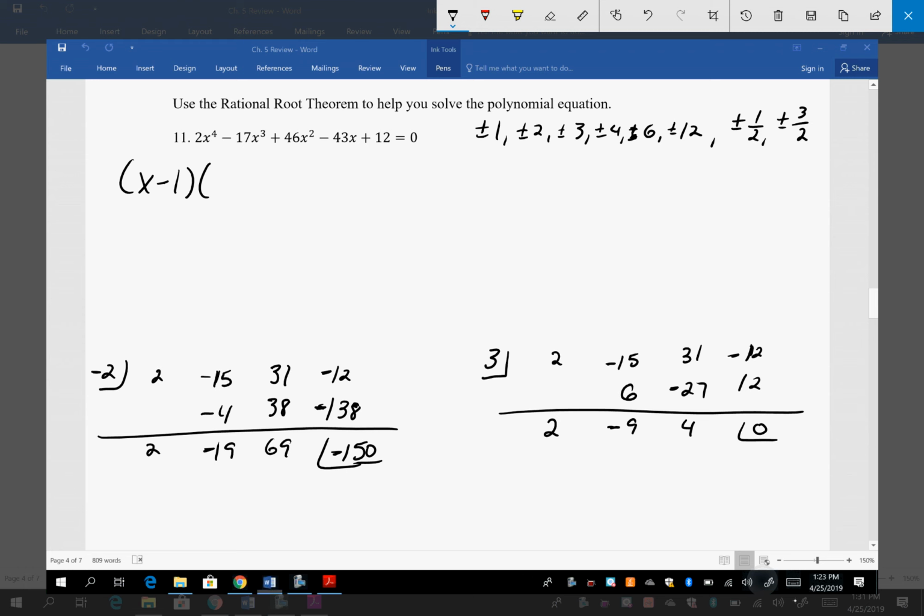So what am I going to write down for this factor? X minus 3. Always think opposite. Times. Now this started from what? We already had x to the 4th. We got this one. So these were x cubed. So then this is going to be 2x squared minus 9x plus 4.